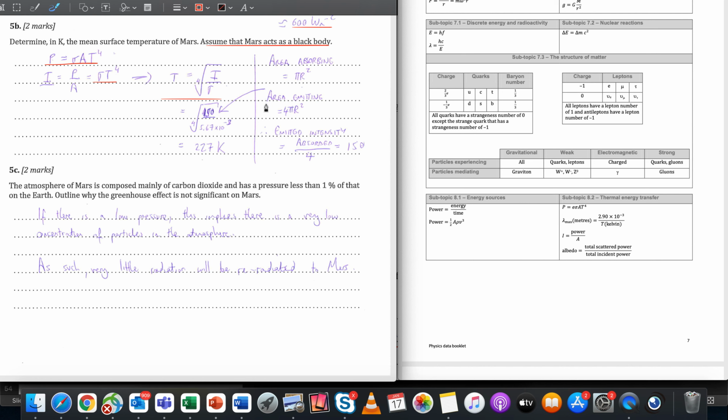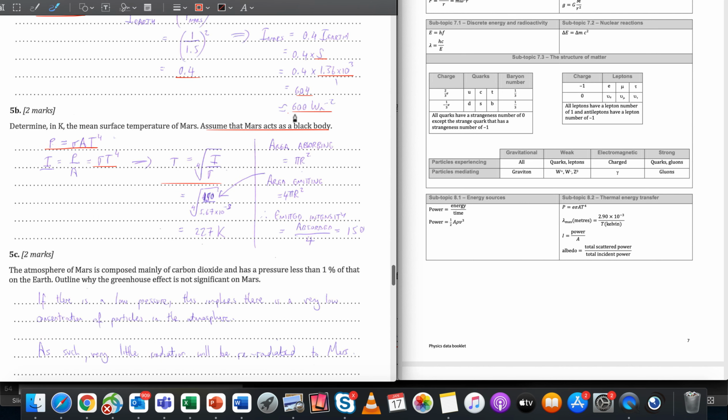Now the difficulty comes here. We've just proven a value of 600, and I'll be honest with you, I put in the original value of 600 here. But there's a clever little trick: you need to reduce your value of intensity by a factor of 4. And there's a reason for that. This is where we have to think about a black body, that Mars absorbs as much as it emits.